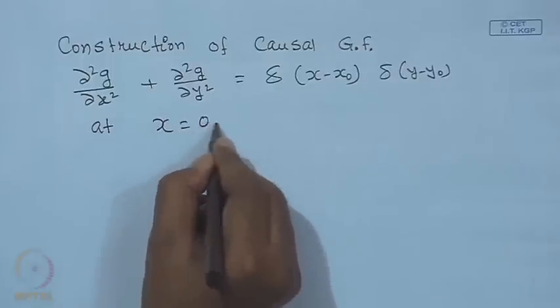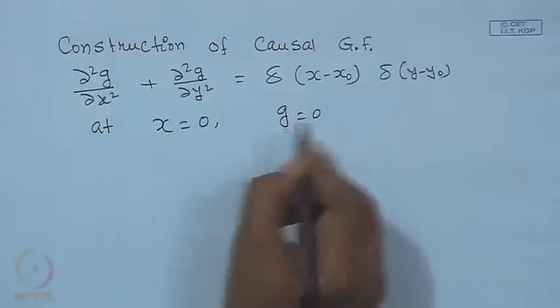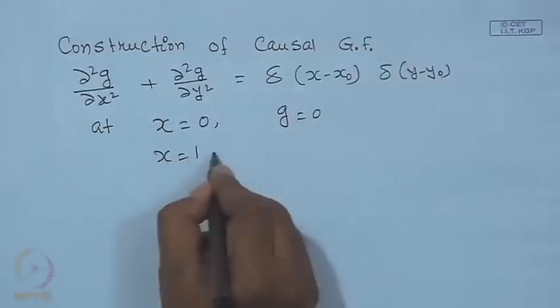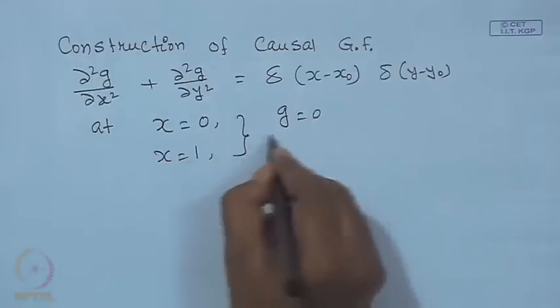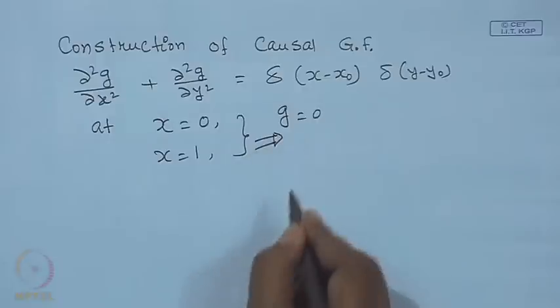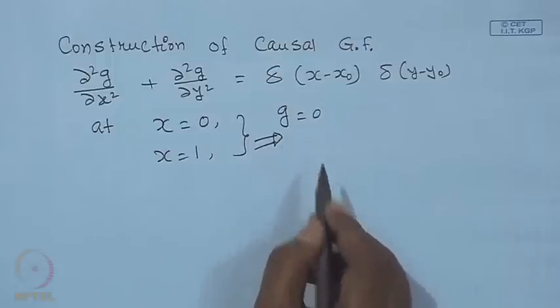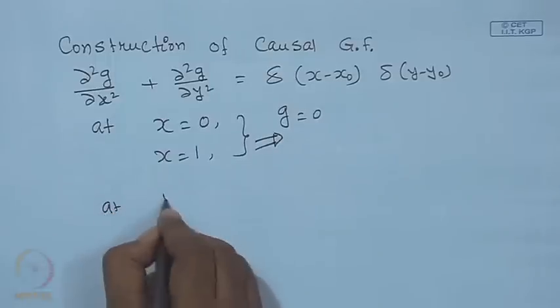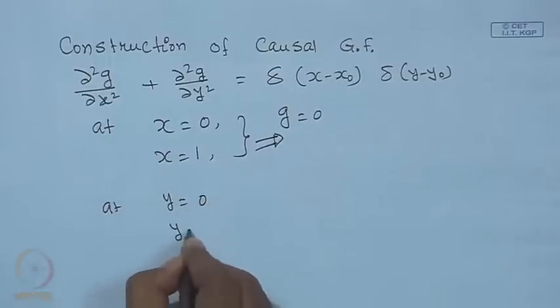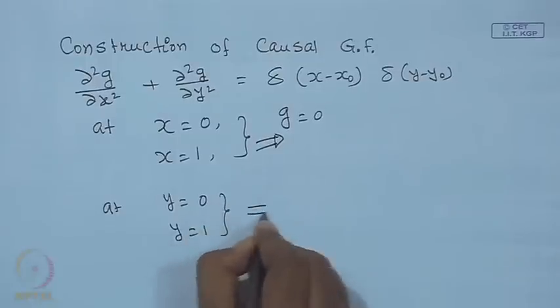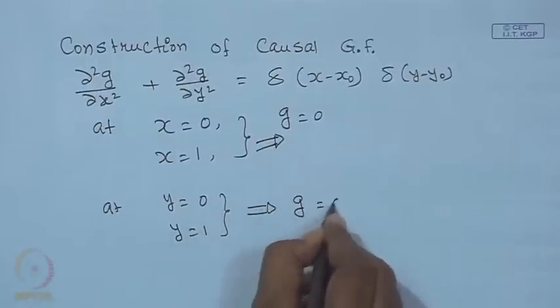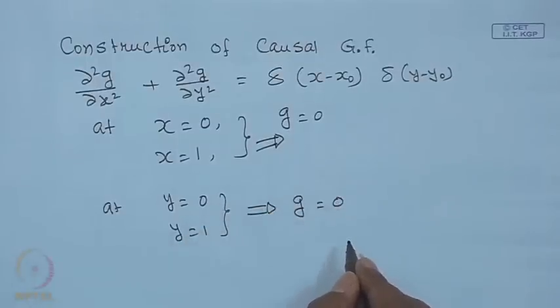At x is equal to 0, g is equal to 0, at x is equal to 1, g is equal to 0. In both the cases, since the boundary conditions were Dirichlet, g is equal to 0 on both the boundaries. At y is equal to 0 and y is equal to 1, we have g is equal to 0.